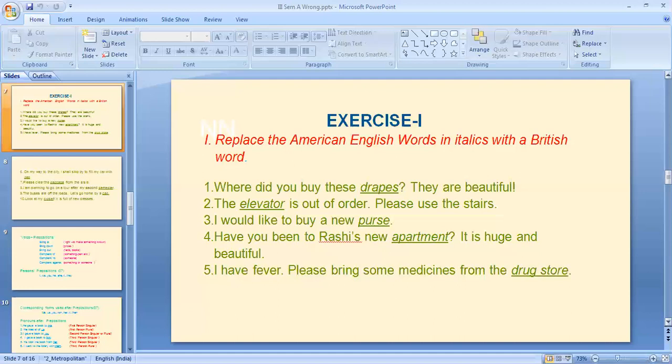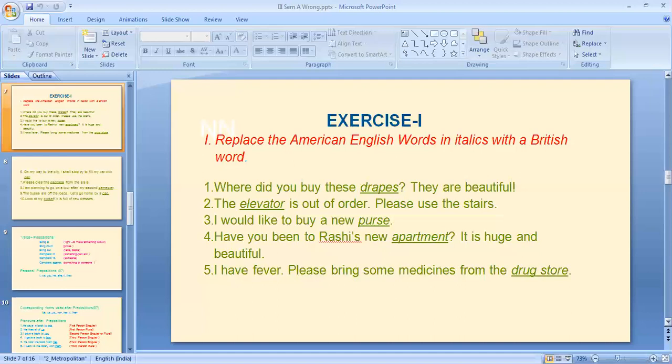We Indians also use both these words, apartment and flat. But we use the word apartment for the building, which consists of many flats. Flat is used for a particular location where a particular family lives. But Americans use the word apartment for flat, and the Britishers use the particular word flat.